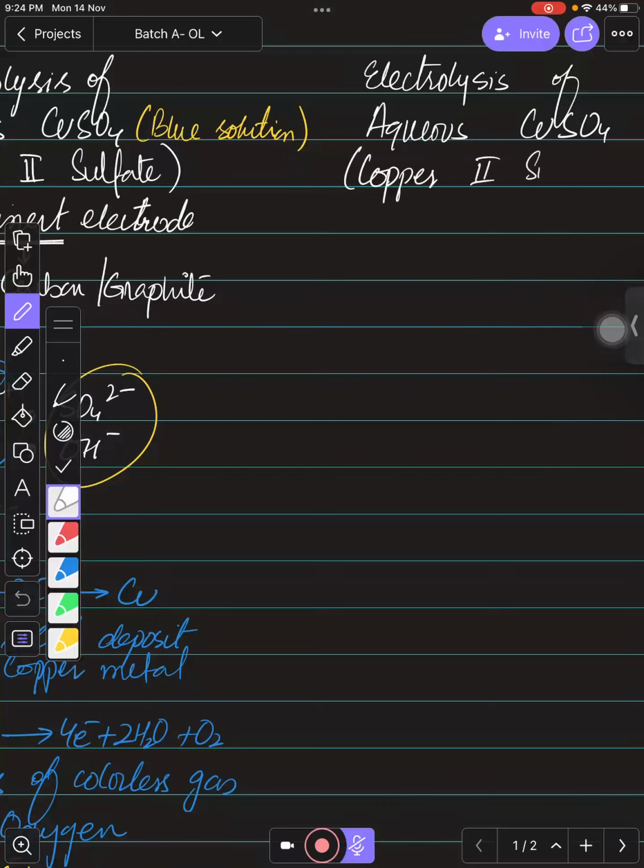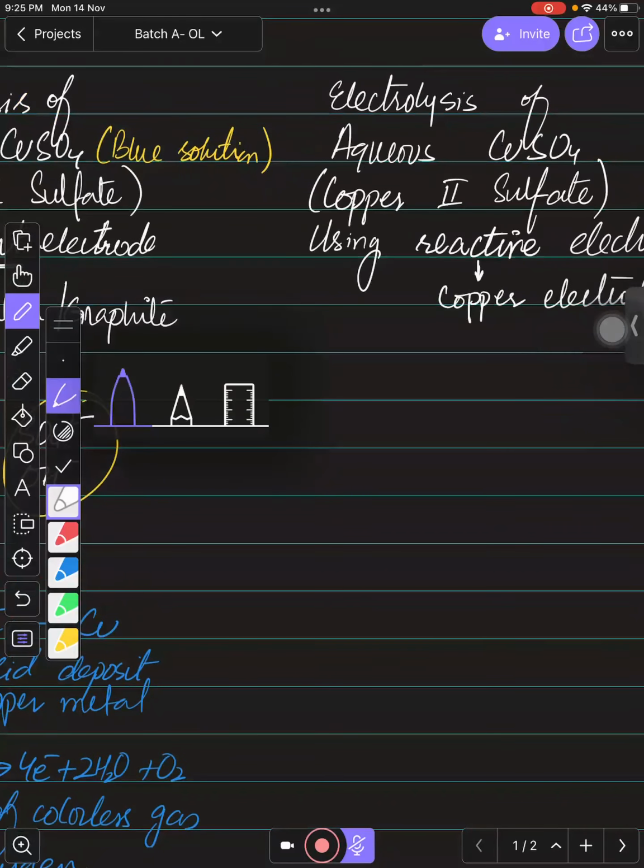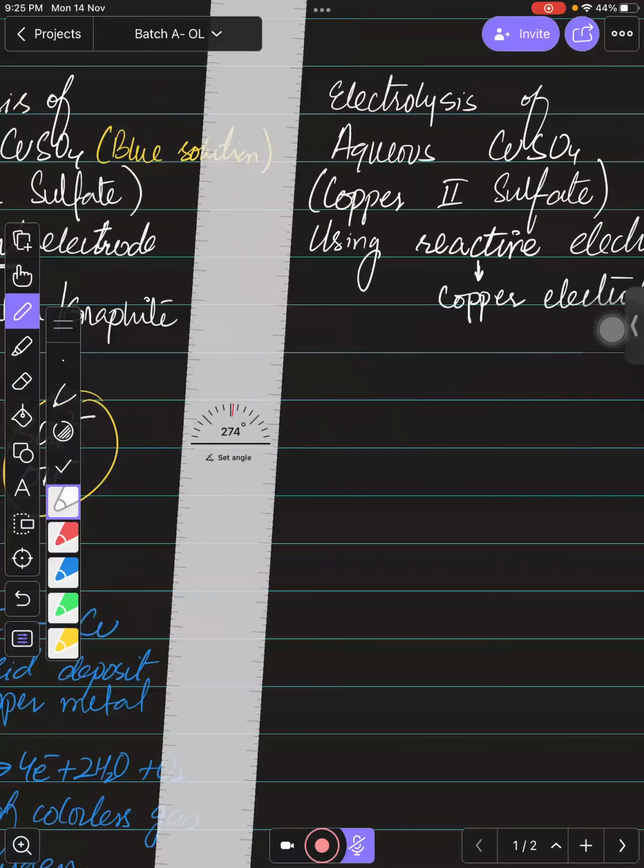The only difference is this: you are going to use reactive electrodes now for the very first time in this chapter. Right now the electrodes we are using are copper electrodes. You are using copper electrodes in this example, right, bachcho?